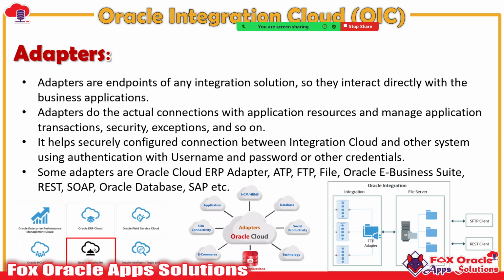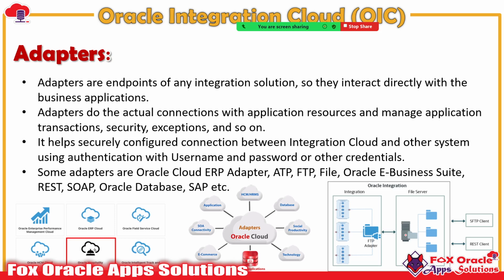Sometimes we require connectivity with an ERP application. That's why we have Oracle ERP adapters and Oracle HCM adapters. In terms of Oracle Integration, all the systems, even ERP or the Fusion application, are considered third-party applications. So whenever we have to make connectivity with a third-party application, we require an adapter.